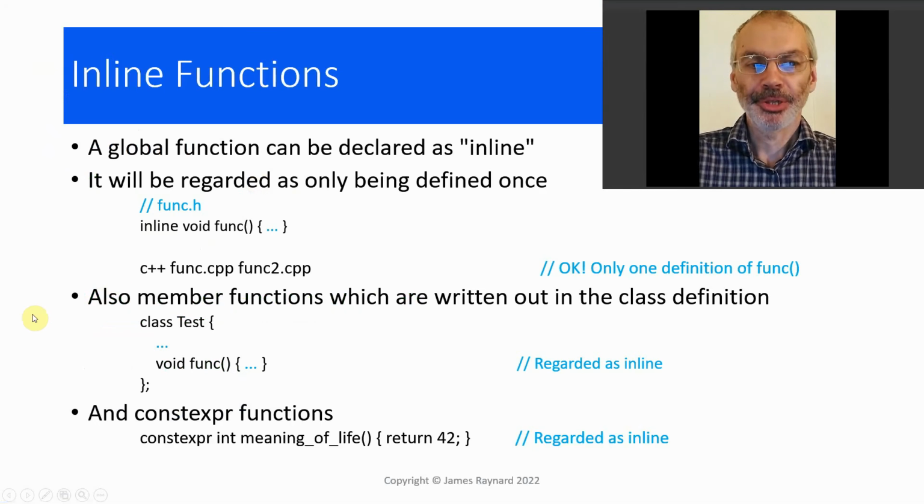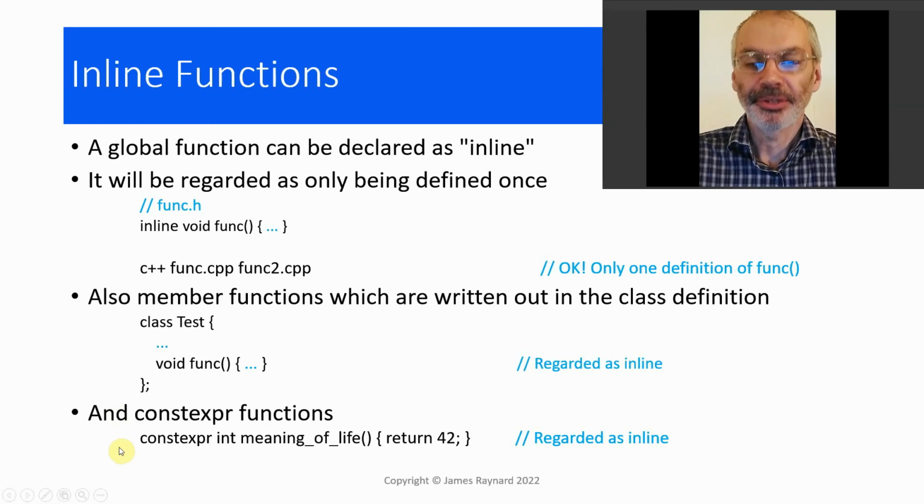There are some useful special cases where the compiler will also assume that a function is only defined once. If you have a class definition and you write out the member function inside the class definition, then the compiler will regard that member function as being inline. It's implicitly inline. So you can include a header which has this class definition in lots of source files without getting errors about the member functions being multiply defined.